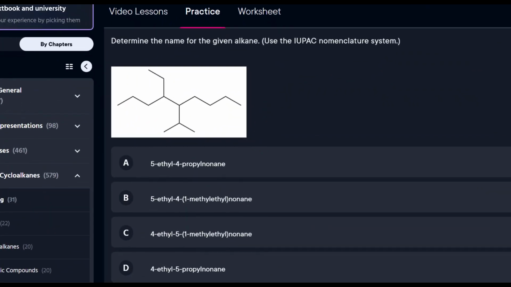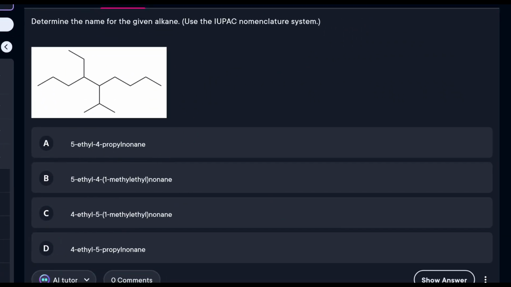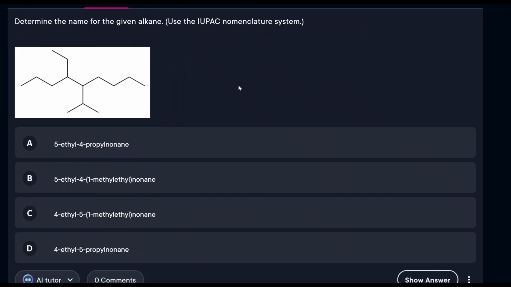So I'm going to zoom in a little bit, just because it's hard for my older eyes to see. The first thing I'm going to be looking for is the longest chain. Just by looking, it looks like the horizontal chain is going to be the longest, but let's double check. So we have 1 carbon, 2, 3, 4, 5, 6, 7, 8, 9.